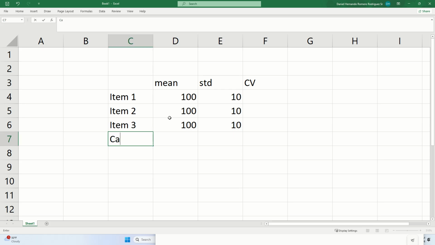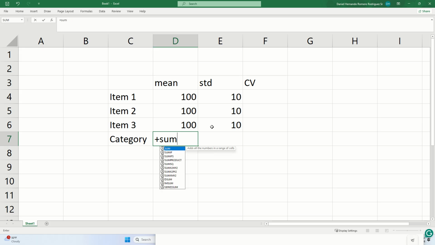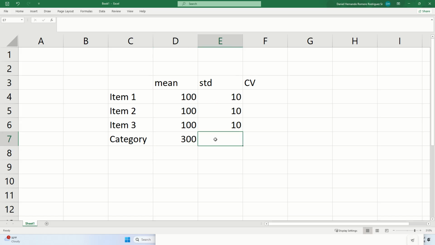Now let's say that I want to analyze the category. It means the 3 products aggregated. So for the mean value, it's just the sum of them. So the sum is 300, right? Now, how are you going to find the standard deviation?